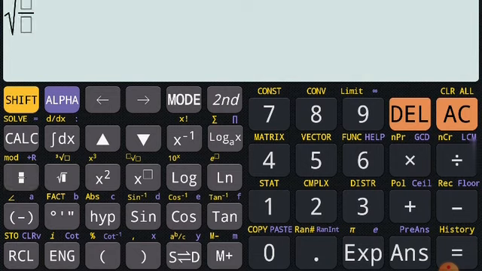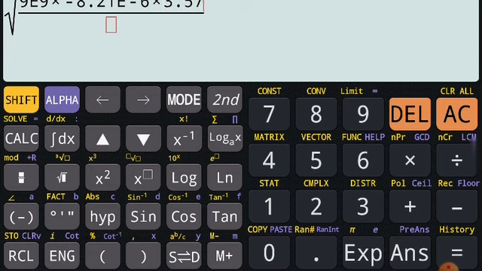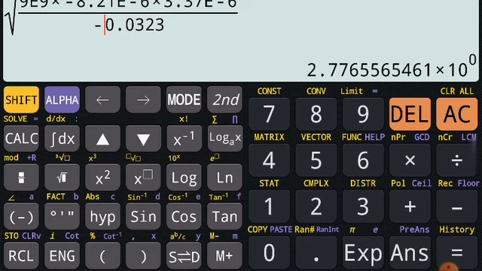I clicked the fraction. 9e9 times 8.21 times 10 to the negative 6 times 3.37 times 10 to the negative 6, over 0.0626, put the negative sign.